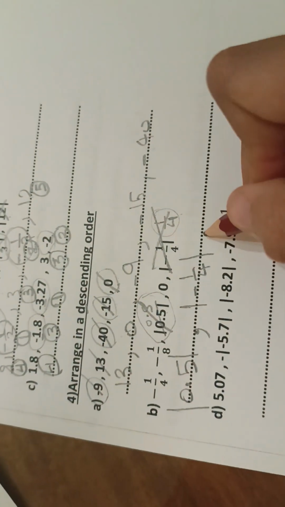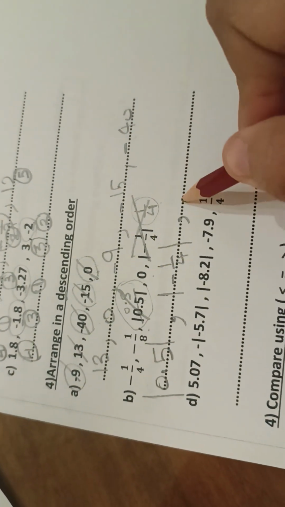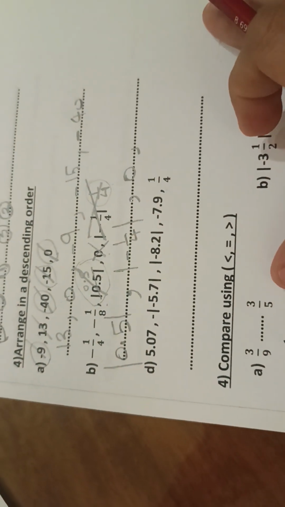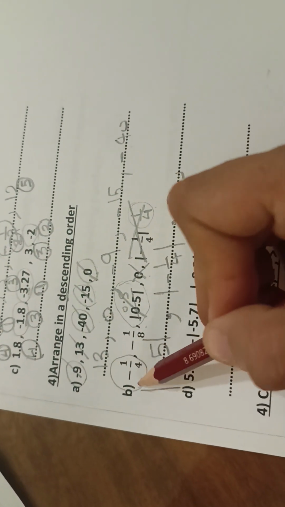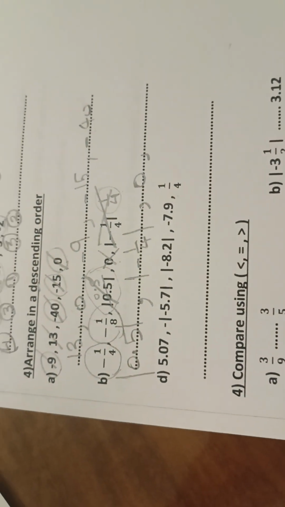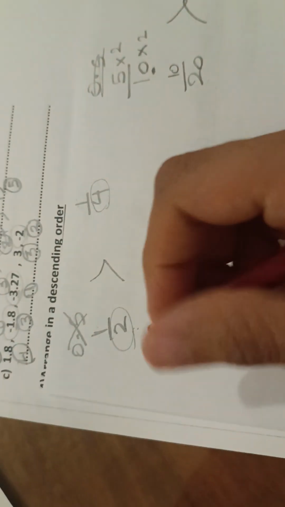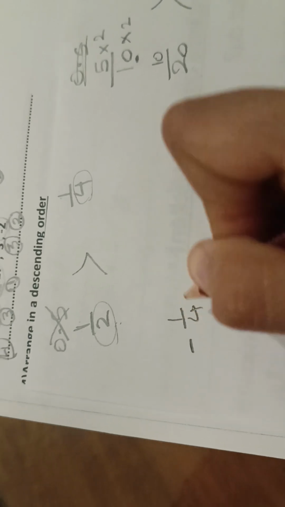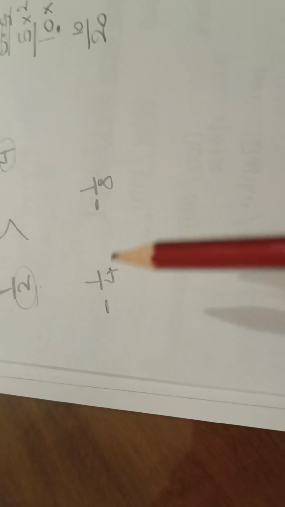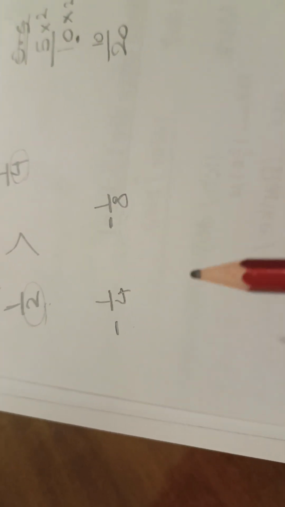Then which is greatest? I have negative values and I have 0, so for sure 0 is greater than all the negative values. And now I have to compare between -1/4 and -1/8 to see who's greater. So I need my draft to compare between them. I have here -1/4 and -1/8. Both of them are in the negative part, so I have two options.